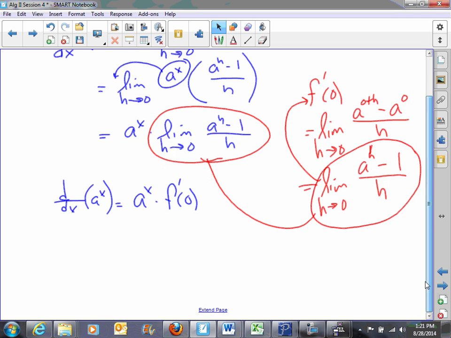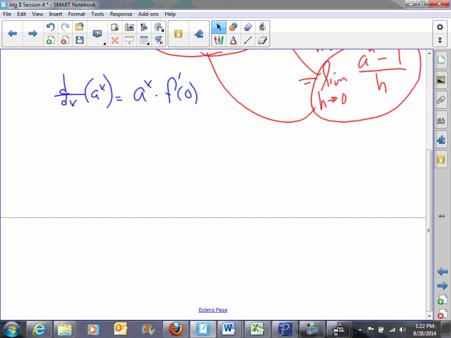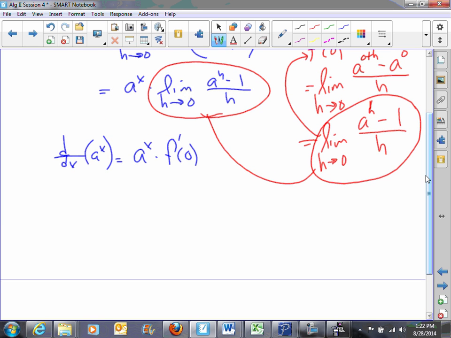We're going to define E, Euler's number, to be the limit as h approaches 0 of e to the h minus 1 over h.